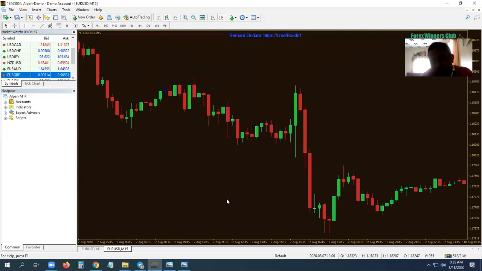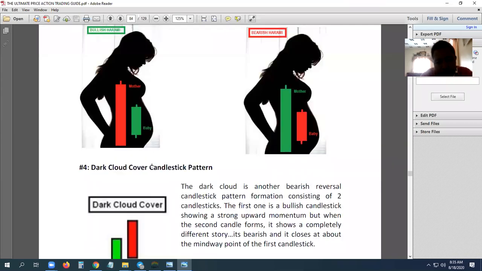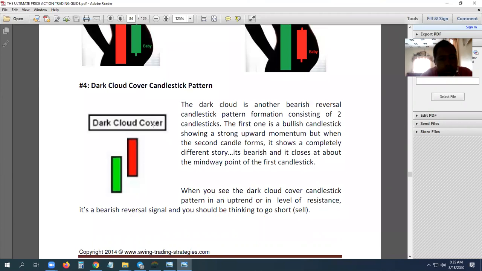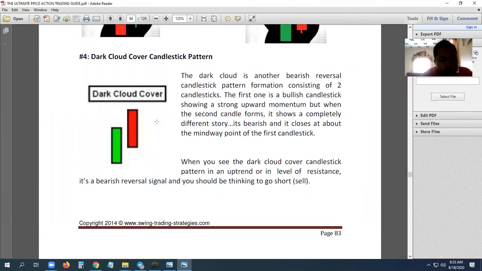Now, we have another pattern here. The other pattern we have is dark cloud cover, and we have a piercing pattern. Dark cloud cover looks like this. We have a green candle, followed by a red candle, but the red candle opens above the green candle.